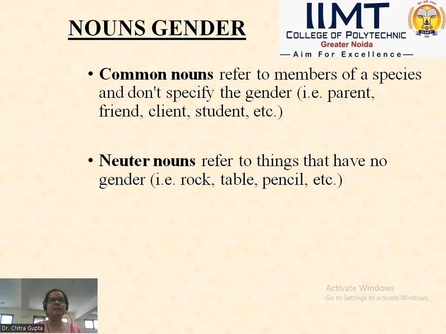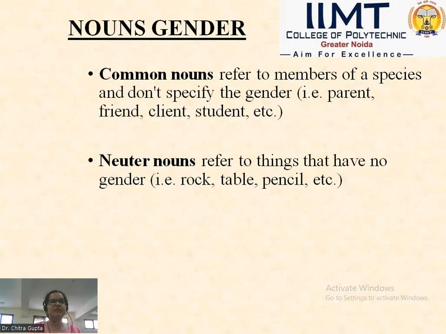This relates to parents, friends, clients, students, in which we don't know which kind of student we are referring to, the male student or the female student. In parent, both the female parent and the male parent come. In friends also, we don't know whether it is a female friend or a male friend. So all this category comes under common nouns.